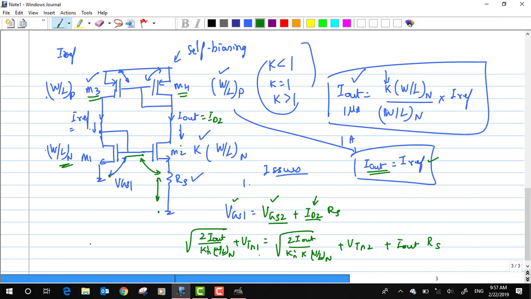When gamma is equal to 0, it means that there is no body effect, and due to which the threshold voltages of my M1 and M2 transistors are going to be the same, and I can cancel out these two terms.